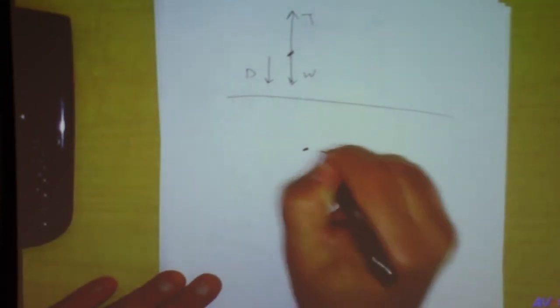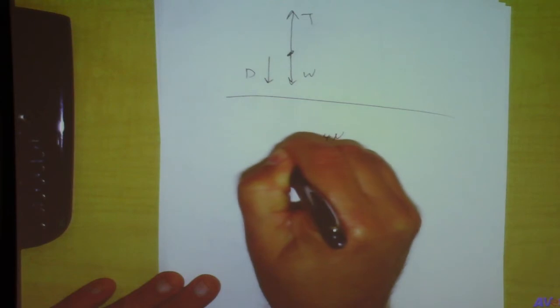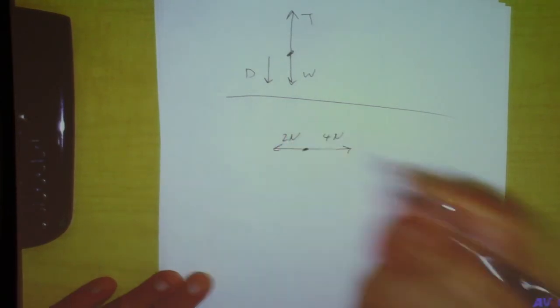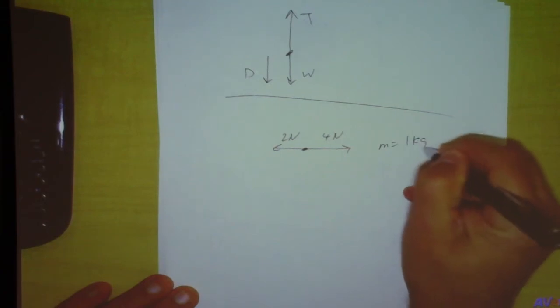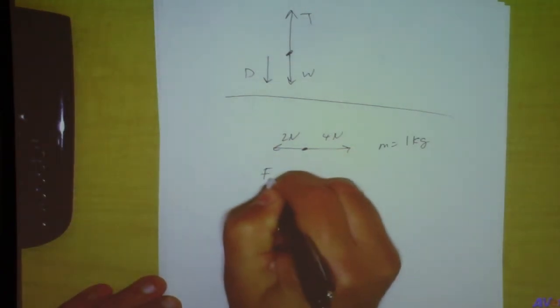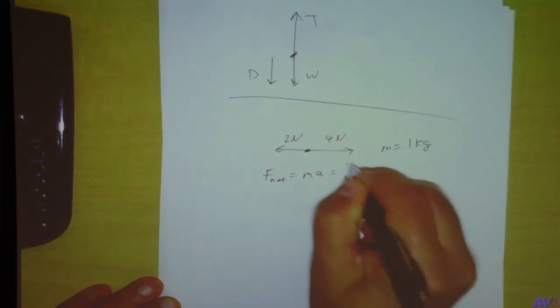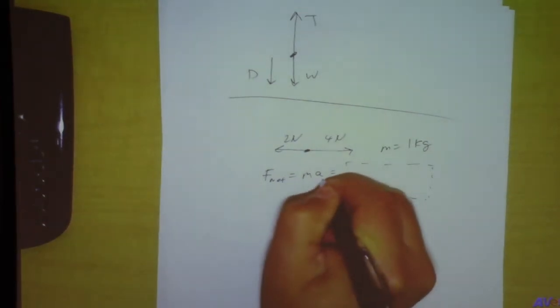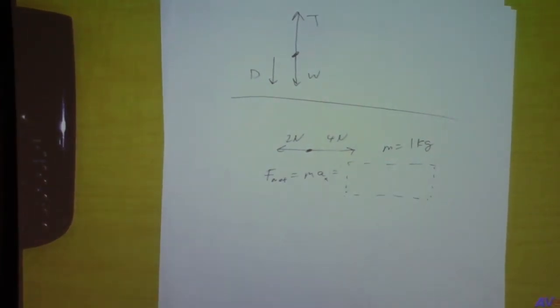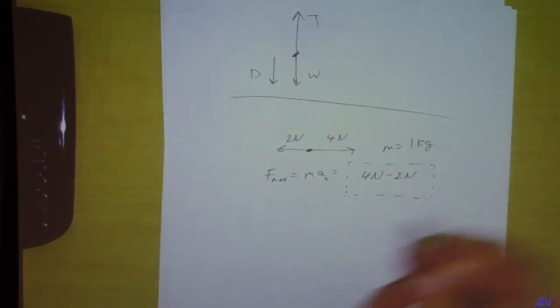So as far as the x direction goes, we've got 4 newtons this way, 2 newtons back that way. This is just looking at the x direction. Mass 1 kilogram. Okay, so net force equals ma, and then you got to put in whatever goes in this box. Well, we got 4 newtons to the right, minus 2 newtons back to the left.